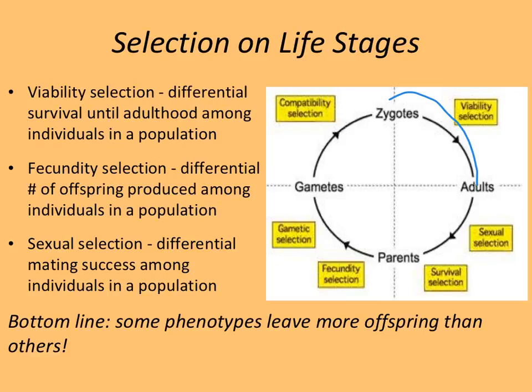We're going to get to this in more detail later, but just think of a bird's plumage. The males, like a peacock, have a bright plumage. The females don't. The ones with the brightest plumage, females have sex with. So that's sexual selection.